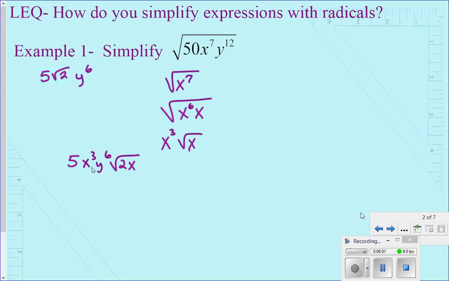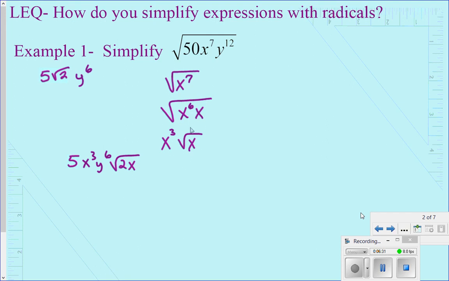Now, while I'm looking here, x to the 3rd, you might initially think that, well, 3 is odd, so you would need absolute value. You don't, though, because in the original problem, when we did the division, 7 divided by 2, that was not an odd whole number. I had to force it to be an x cubed, because I had to do that step of breaking it down.